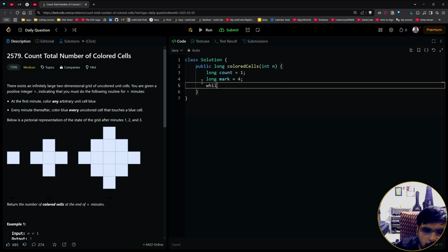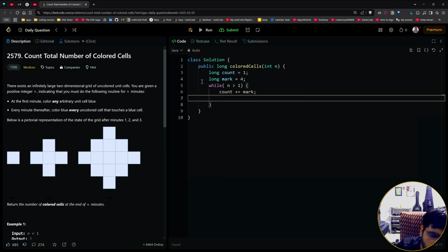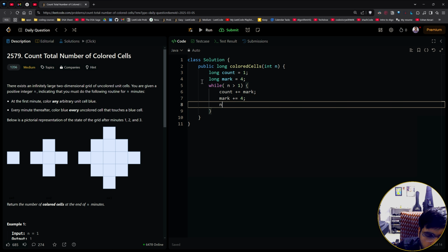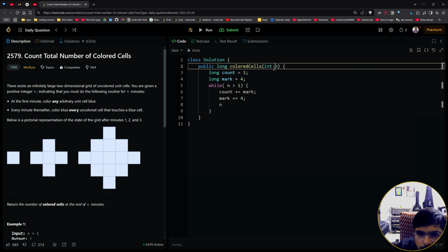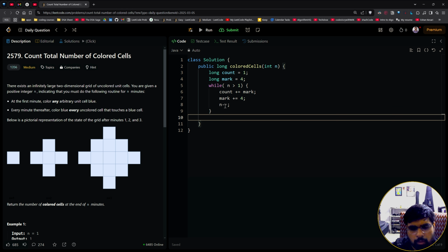Now we'll start our loop here. While n is greater than 1, we'll add our mark to our count. Now our mark will be incremented by 4, and we'll decrement n. Now we will return our count.